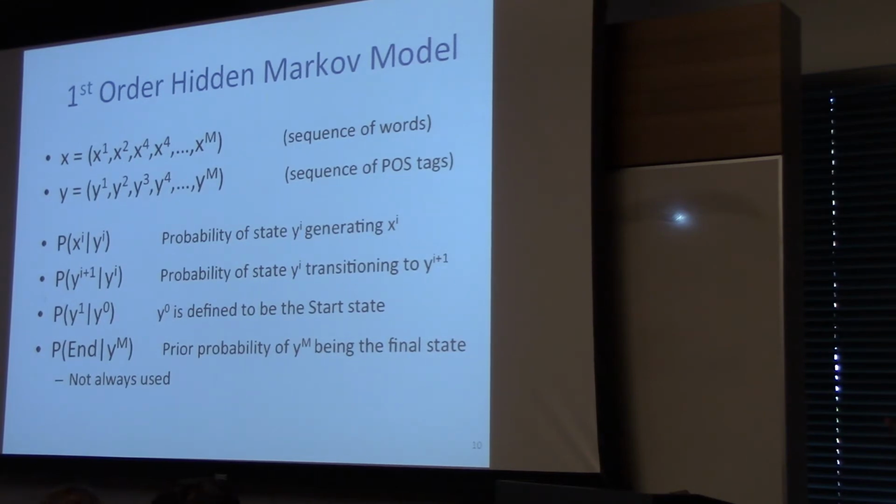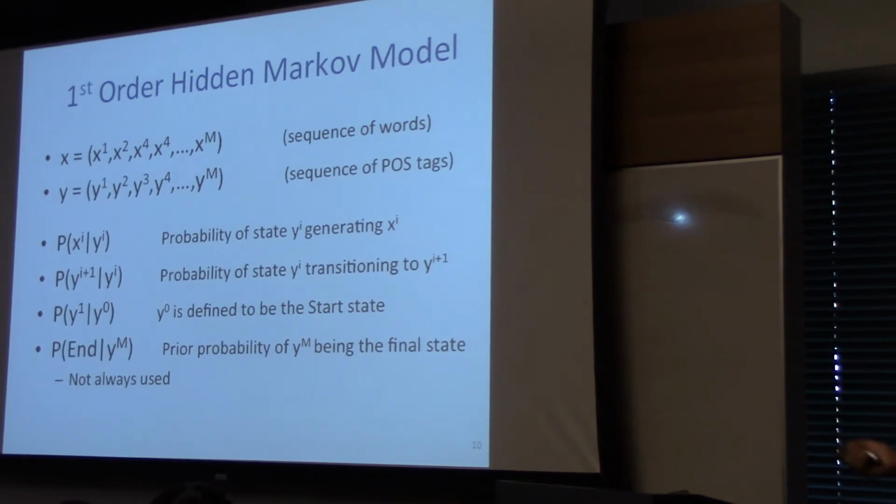So abstractly, you get a sequence of tokens X in the input token space, which is a sequence of words. You get another sequence Y in some output token space, a sequence of part of speech tags. And then the first order hidden Markov model is summarized by these four model components.